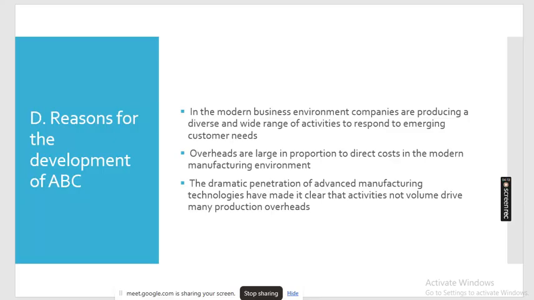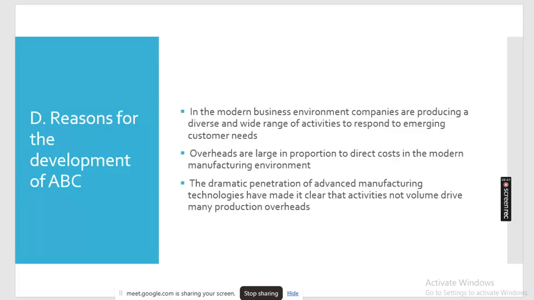The second reason is that out of the three main costs, material, labor, and overheads, overhead is now in large proportion to direct costs. In those days, it was labor which was large in proportion, but now overheads are large because of the manufacturing environment that we have. We are now using modern manufacturing technologies.